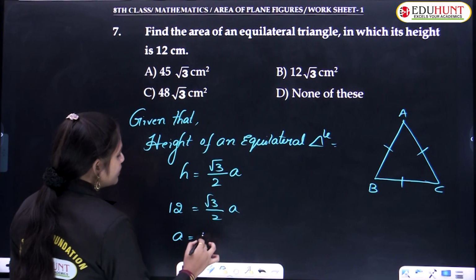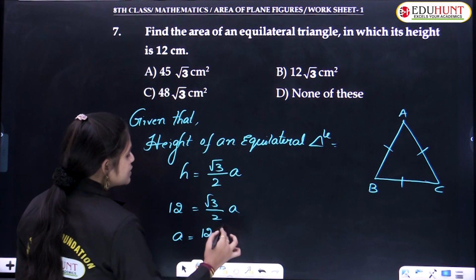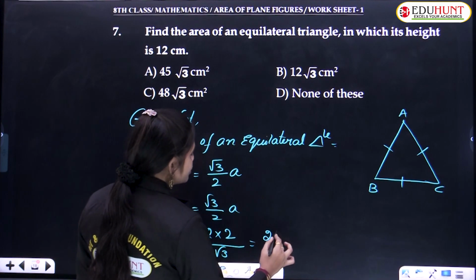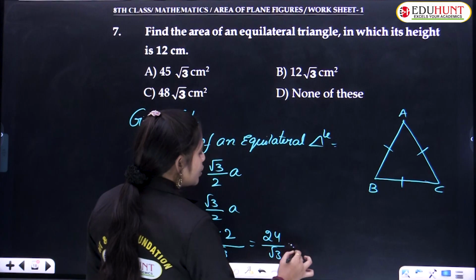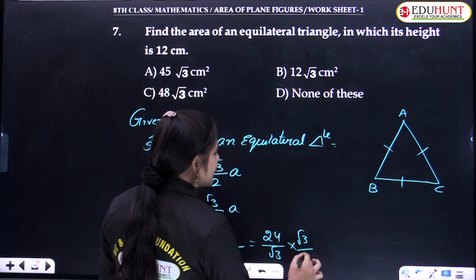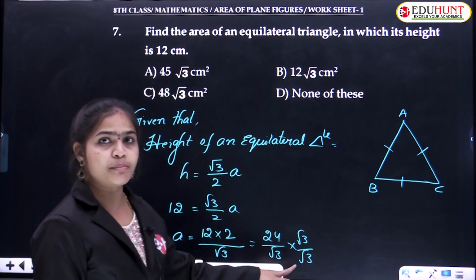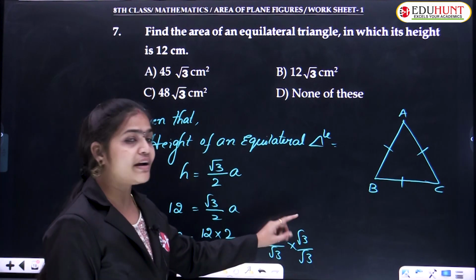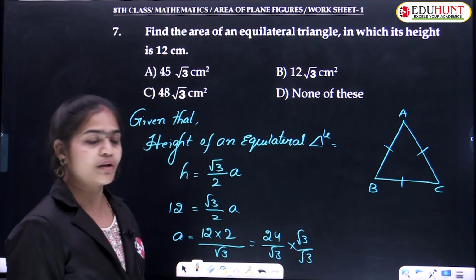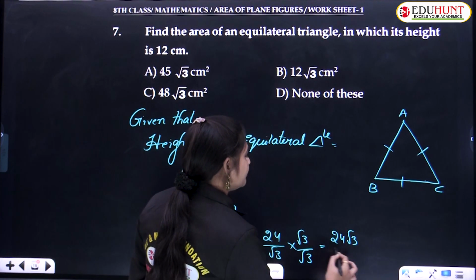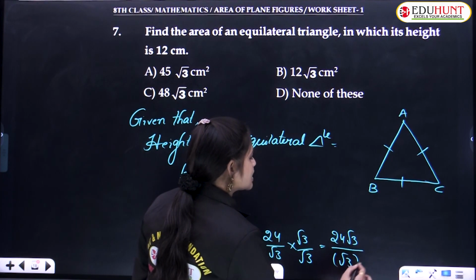Now A is equal to 12 into the reciprocal of the fraction, 2 by root 3, which is equal to 24 by root 3. Since 24 by root 3 has an irrational number in the denominator, we can rationalize it by multiplying and dividing with the same irrational number. Then we get 24 root 3 by root 3 whole square.